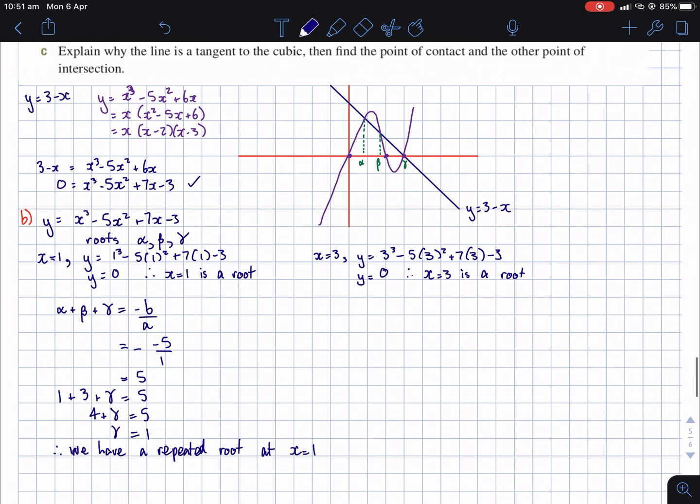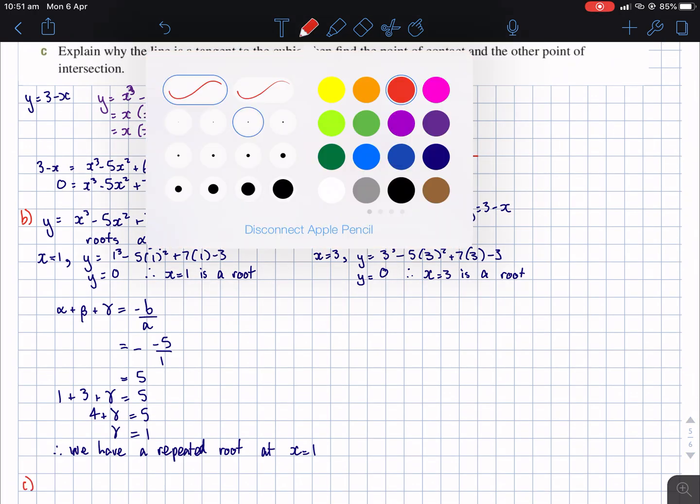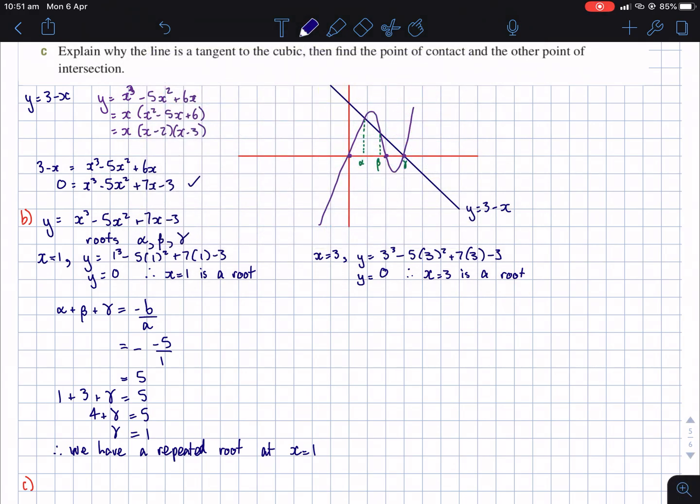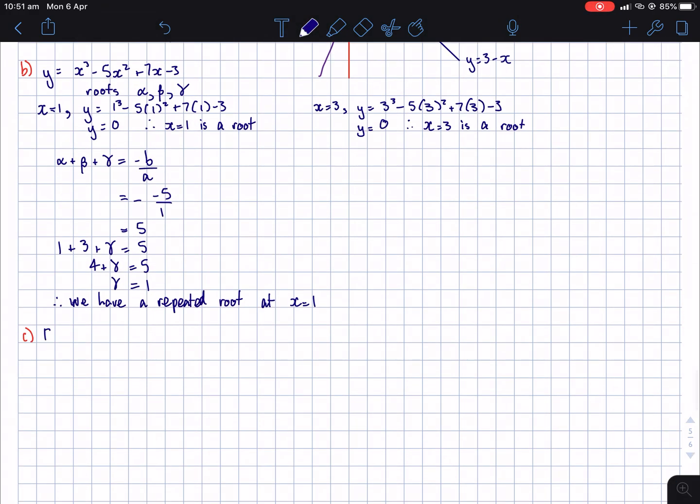Explained by why the line is tangent to the cubic. So this is actually why. Because we have a repeated root of multiplicity 2, so that's when it repeats twice, not 3 times.